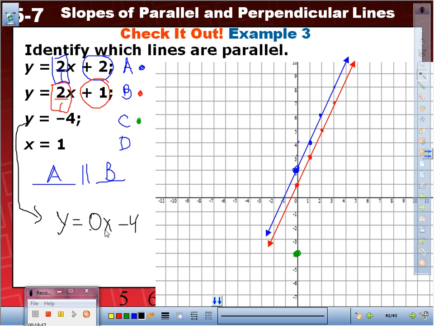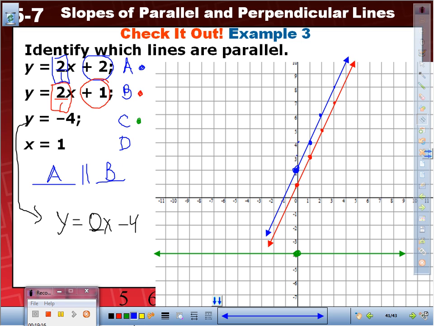So if the slope is 0, we already know what that looks like, and it's crossing at -4. Therefore, my line should look something like this. Everybody with me? 0 slope passing through that point. Another way of looking at it, when we saw vertical and horizontal lines, we just draw a line going through -4 because it's y equals -4.